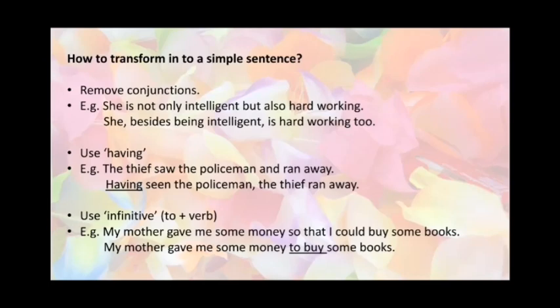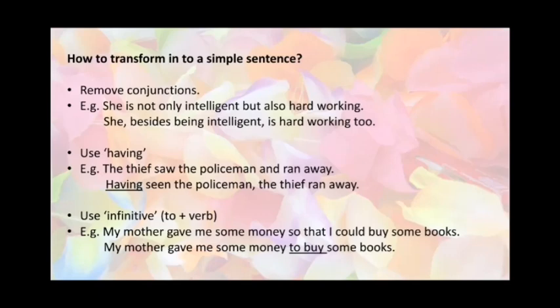In this sentence, but is the conjunction. We have to remove it. But children, we need to keep the sentence meaningful. So you can change it as: she, comma, besides being intelligent, comma, is hardworking too. So children, did you all see? We have removed the conjunction but and kept the same meaning.